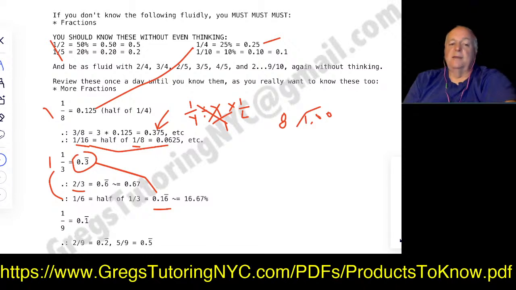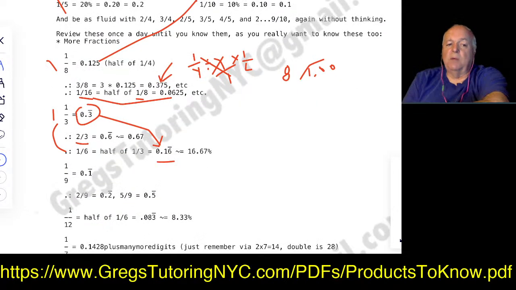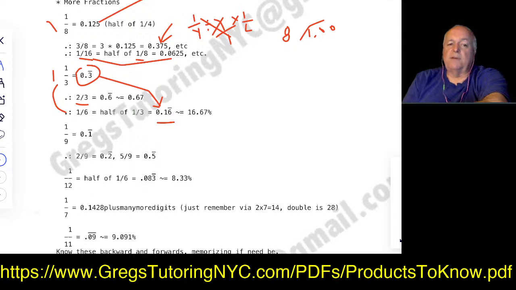Okay, a ninth looks like a tenth, but it's a repeating one. All right, so if a ninth is a repeating one, then something like 5/9 is a repeating 5. These are easy to memorize if you look for the patterns. Okay, a 12th is half of a 6th, right? We said that 0.3 bar was a third, and a sixth was 0.16 bar.